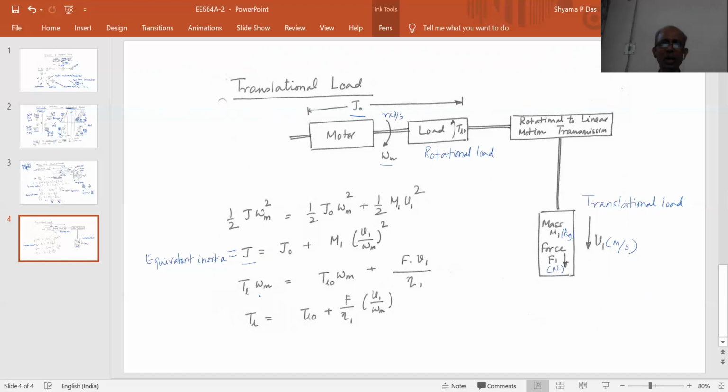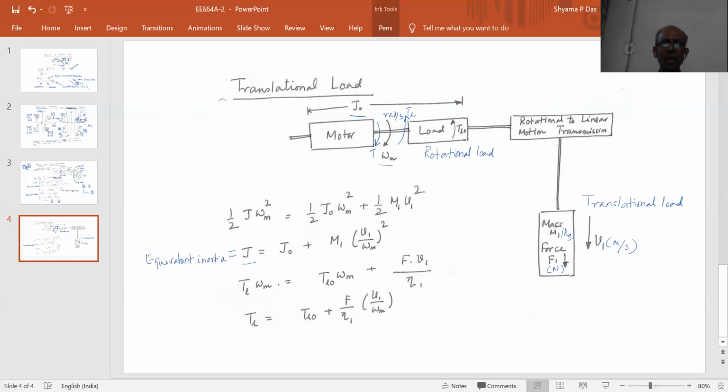Similarly, what about the equivalent load torque? The load torque seen by the motor is TL, the equivalent load torque. It can be obtained by equating the power.